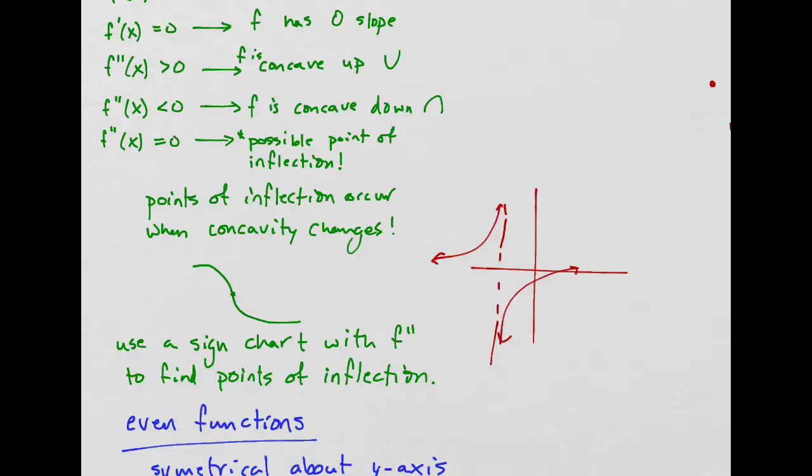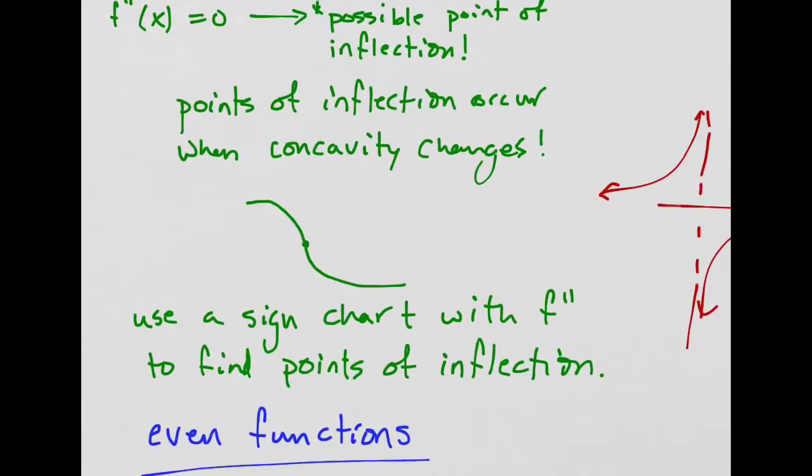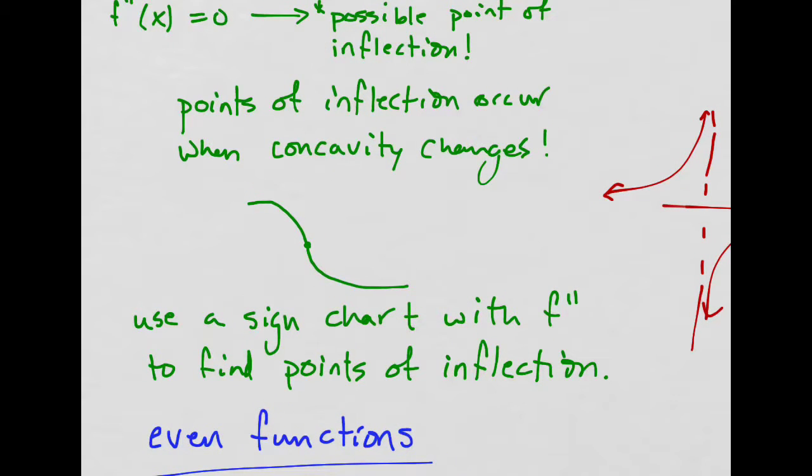Again, if you want to find a point of inflection, you take the first derivative, and then you take the second derivative. You set the second derivative equal to 0 to find critical points, and you make a sign chart. And you see when the second derivative changes sign. If it does change sign, and the critical point is a part of the domain of the function, meaning the function is defined there, then you have a point of inflection.